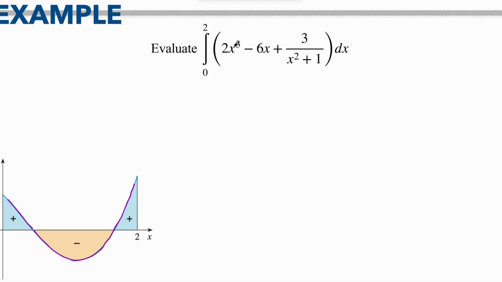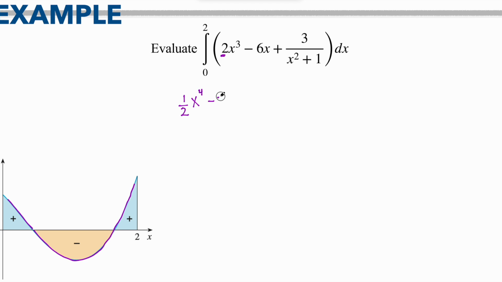If we were to take the integral going from 0 to 2, so x cubed is going to give me an x to the 4th, but I got to offset it by a 1/4. This 1/4 and this 2 is going to be a 1/2. And again, if I take the derivative, 4 times a half gives me the 2, so it did work.